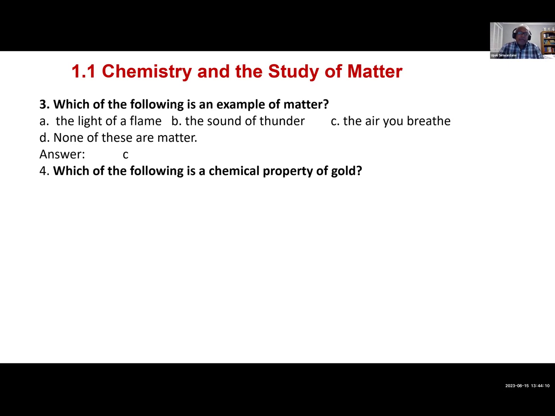Which of the following is a chemical property of gold? Okay, hold on, let me look at that. My phone is doing crazy stuff. Following is a chemical property of gold.